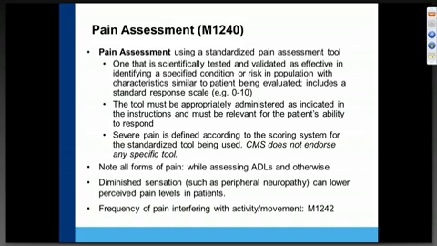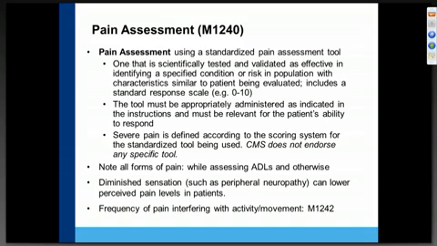Sometimes just using a variety of scales to really help that patient tell us better where their pain is at is helpful. There's a PAINAD scale that's used for patients who have some degree of dementia. So we have different tools available out there. Like I said, the 0 to 10 is most commonly used.